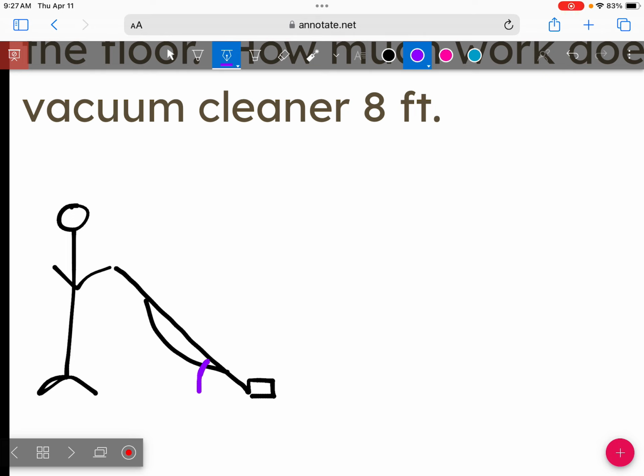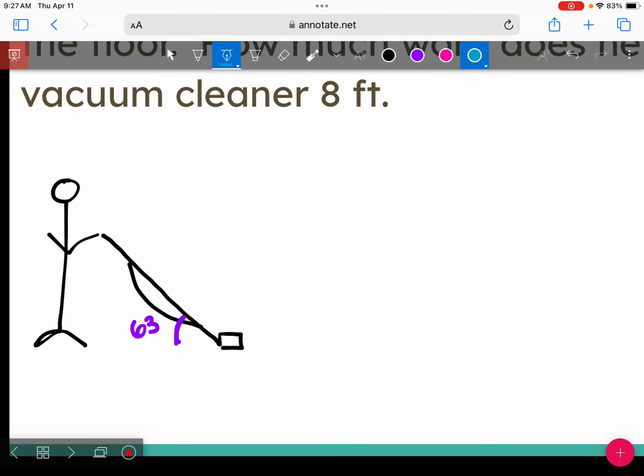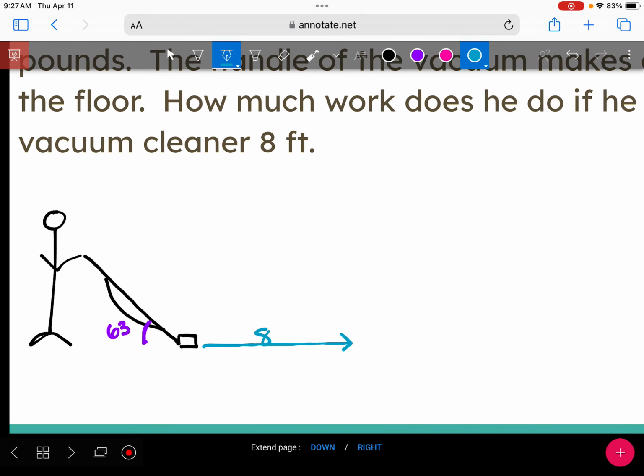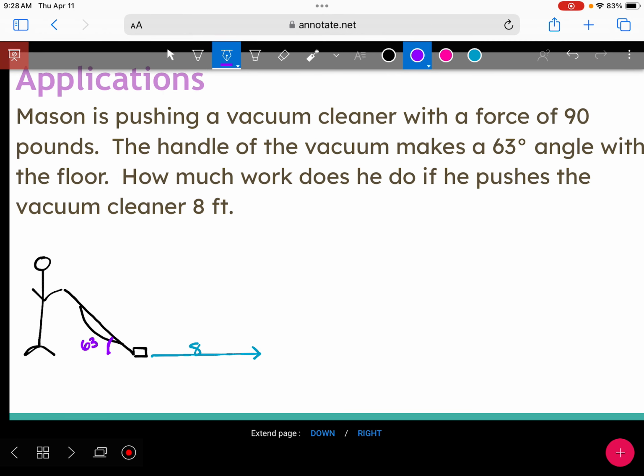So his vacuum cleaner is at an angle of 63 degrees, and we want to know how much work to push it 8 feet. So what we have is information about the force with the angle, and then we're going to be pushing it 8 feet.